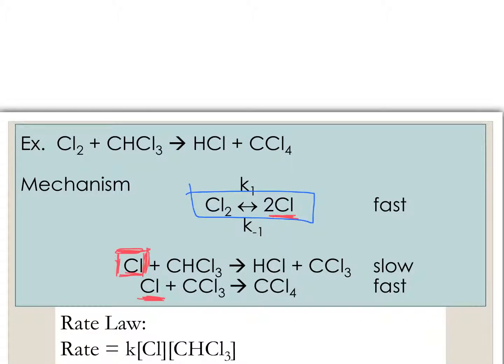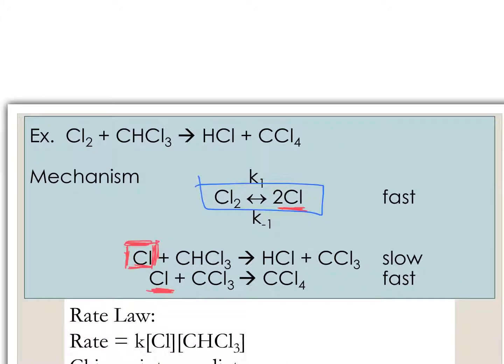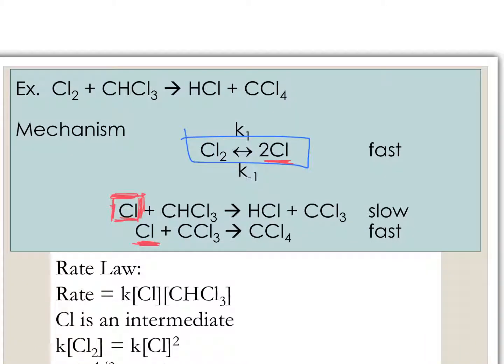Okay. Now this says that I have 2 Cl's per 1 Cl2. And if I write their rate laws, K of Cl2, notice it has a 1 coefficient, so it has a 1 order, is equal to K of Cl squared.